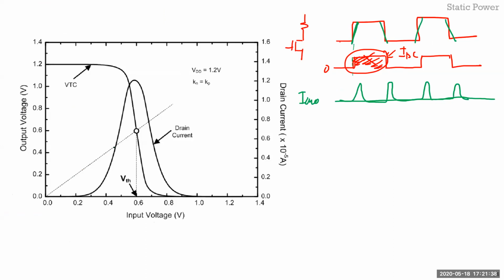And the reason for that is once we cross the VTN, both of them are on. So you're going to have a power from VDD. So let's consider this CMOS here. Once this VN is greater than VTN, this is on, this is on.